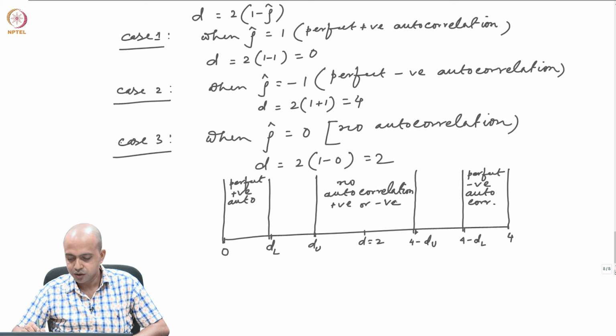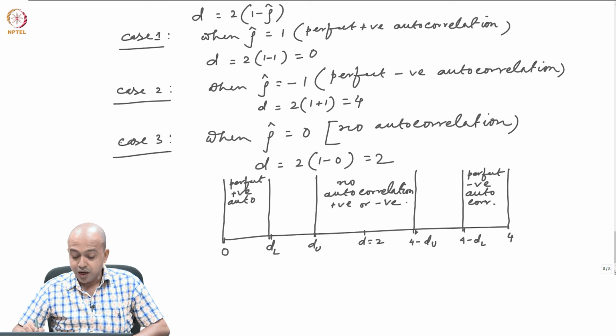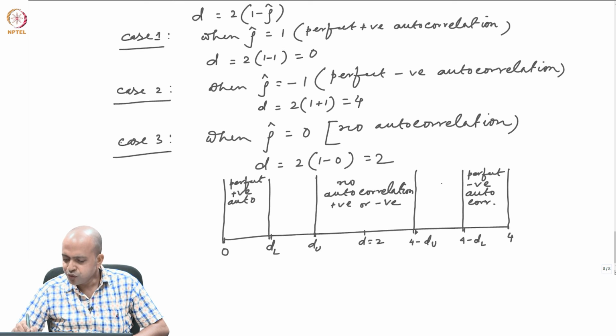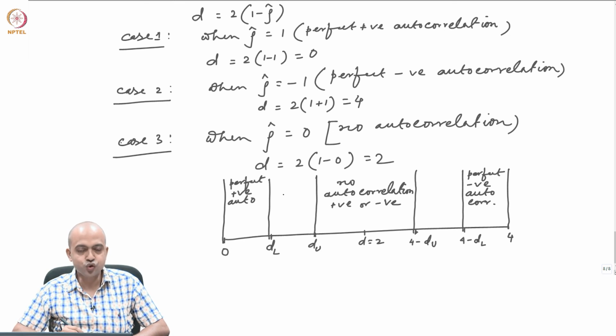So, that means there are two regions. What will happen if you are here and here? These two regions are called actually the region of indecisiveness. So, that means you cannot take any decision. That is the problem of this Durbin-Watson test procedure.